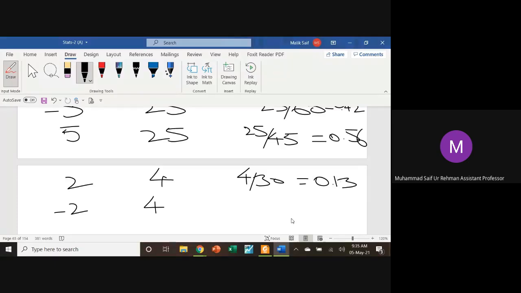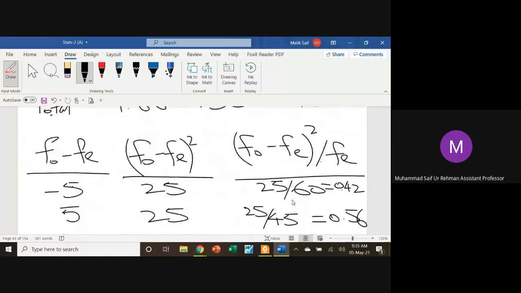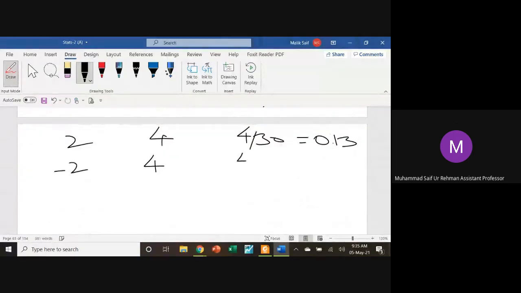And finally 4 divided by 15, 0.26. Fine.